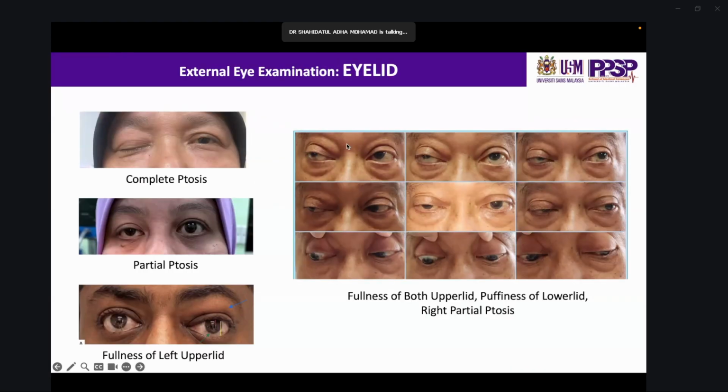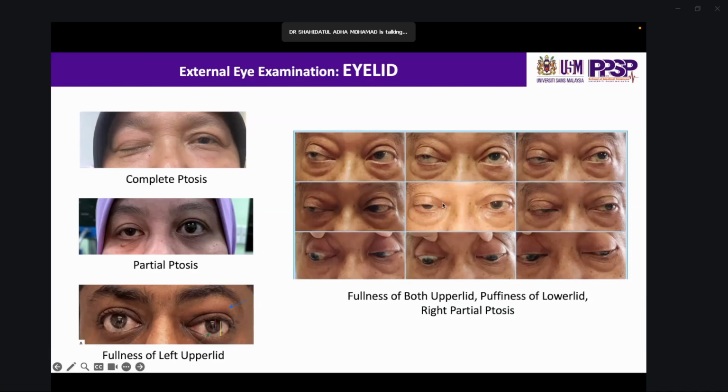Then these are the other examples. We have here complete ptosis and partial ptosis, which is drooping of the eyelid. On the lower image is fullness of the left upper lid. It may look normal, but if you compare to the other eye, you can see some asymmetry, and you can tell it is fullness of the left upper lid. Let us see the right image, where you can see both.